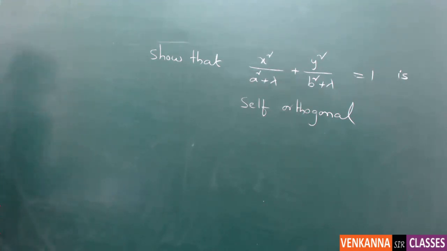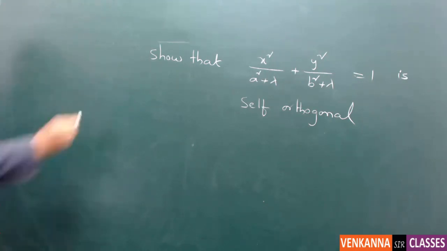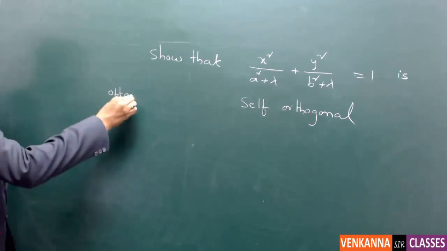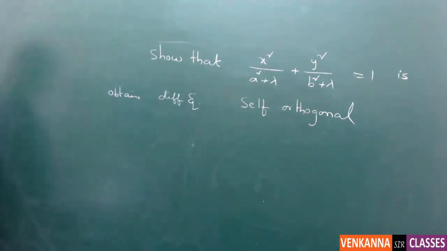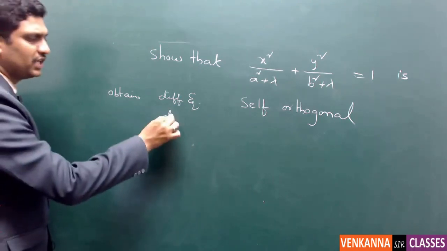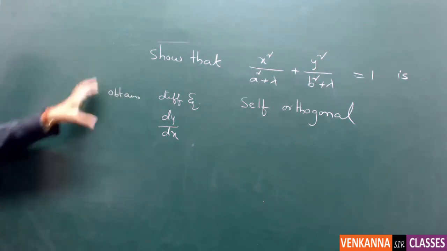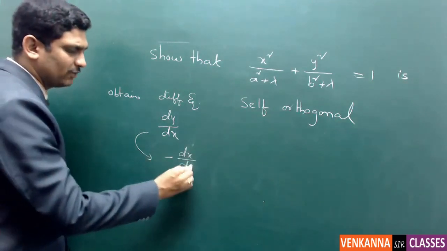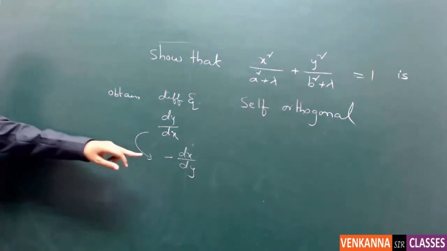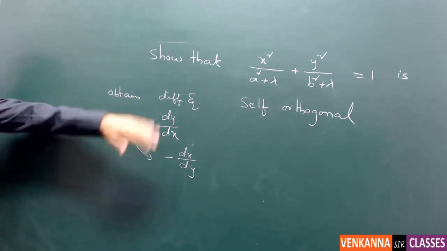The procedure is, we have to eliminate the parameter first and obtain the differential equation. So, obviously, it contains the differential dy by dx. Now, on replacing dy by dx with minus dx by dy, the differential equation which you have obtained earlier will come again.